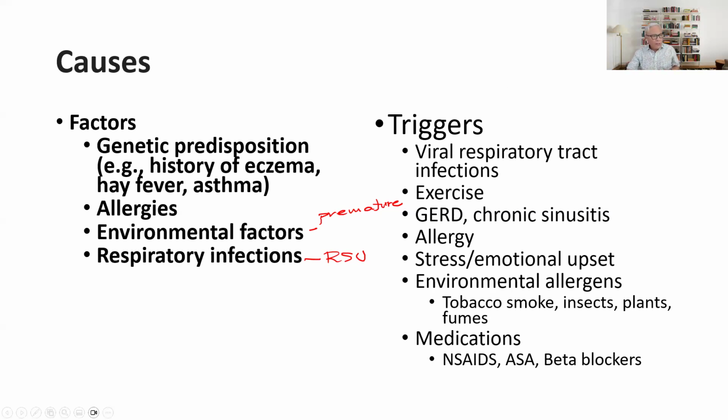So there are other things, of course, that can trigger asthma. The first one that I'd like to mention is exercise. Now, why can exercise be a risk factor for the development of asthma? Well, in particular, when we exercise, we usually breathe through our mouth.